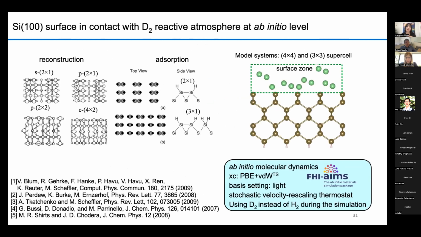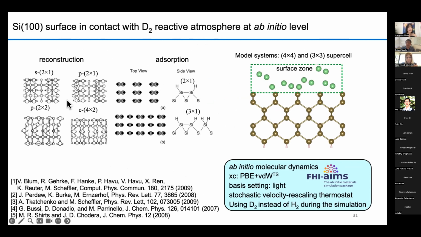We applied the replica exchange grand-canonical to study the silicon 100 surface in contact with deuterium in the gas phase. The adsorption of deuterium on the silicon surface has been studied for decades, so there is a lot of experimental data there.